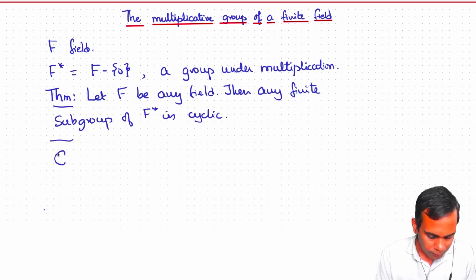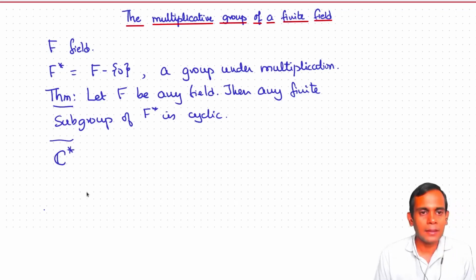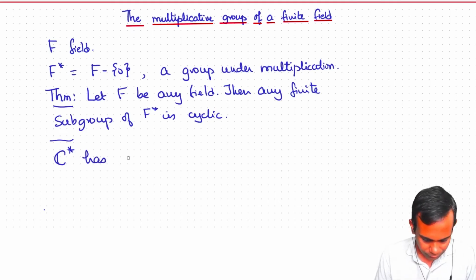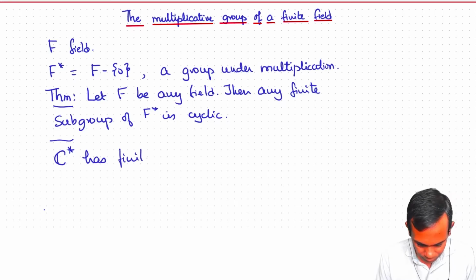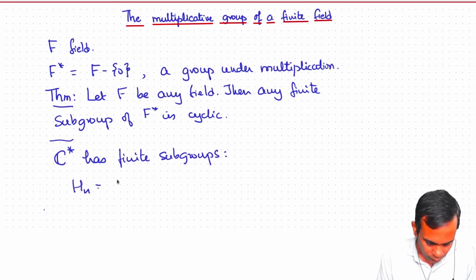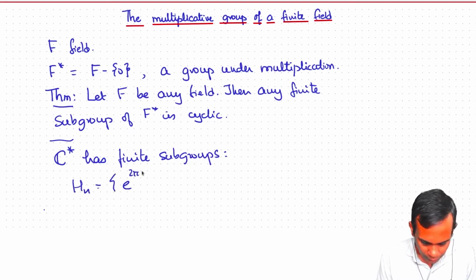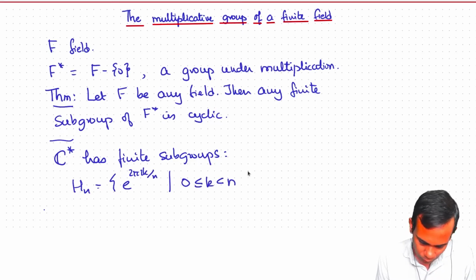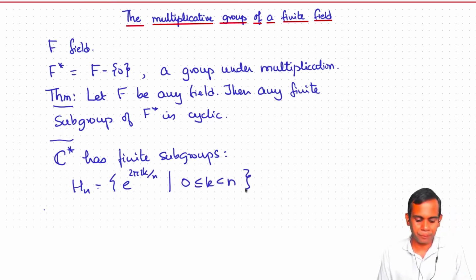So if you take the complex numbers, then you look at C star, then every finite subgroup of C star consists of Hn equal to e to the 2 pi i k by n, where k lies between 0 and strictly less than n.